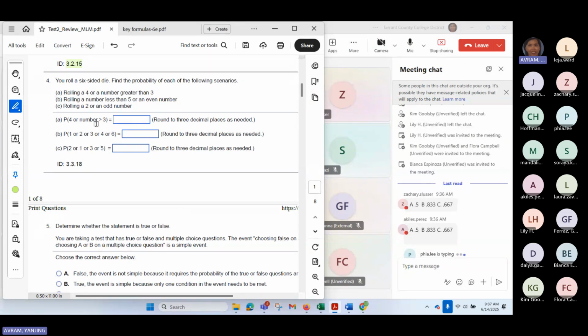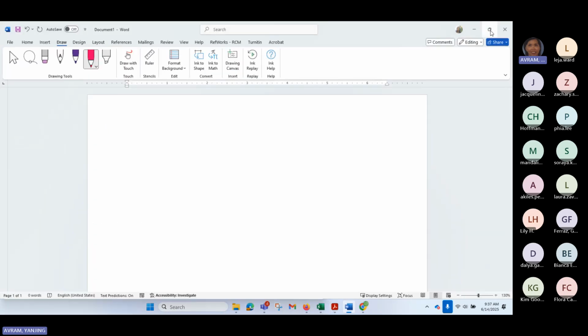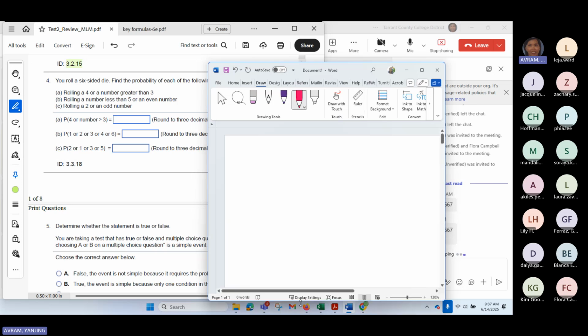Probability of 4 or a number greater than 3. You will need to identify whether they are mutually exclusive or not. We can write down 1, 2, 3, 4, 5, 6, that's the six-sided die. Probability of 4 is right here, or a number greater than 3. Since numbers greater than 3 include three of them, we can only count the 4 one time. You cannot count the 4 two times.